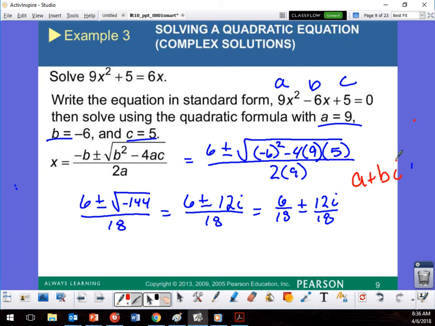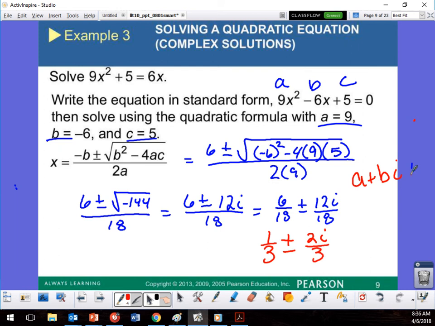It doesn't say over 18, each number is itself. So 6 over 18, with a common factor of 6, reduces to 1 over 3 plus or minus 2i over 3.